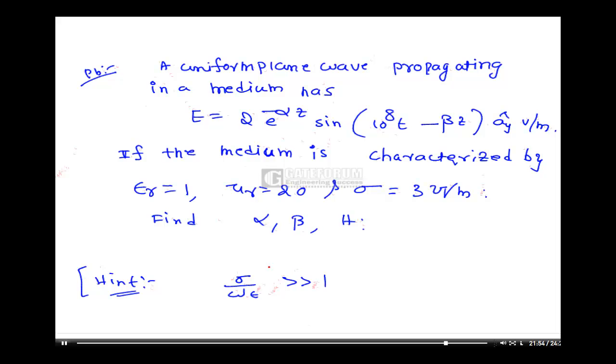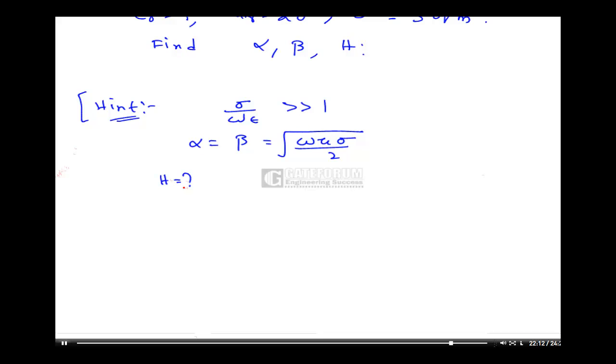We know that for a good conductor, alpha and beta are equal to square root of omega mu sigma by 2. We know this, so you can calculate alpha and beta directly. And one more thing, they are asking for H. H is nothing but E by eta. Eta you know for a good conductor: eta is equal to square root of omega mu by sigma at an angle 45 degrees.